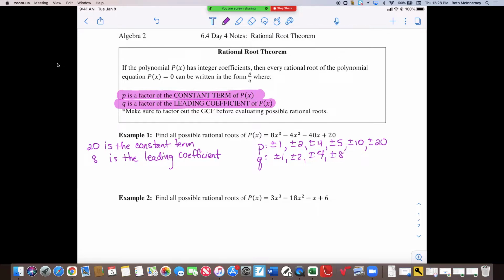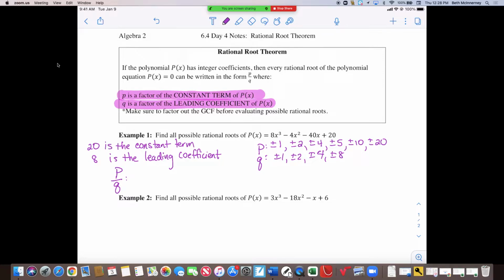All right, so now the rational root theorem says the possibilities. Okay, it's not saying these are the answers, but these are all the possible rational roots. You would take all the combinations of P factors divided by Q factors. And once you get the hang of this, this is not bad at all, but at first it's a little bit weird.